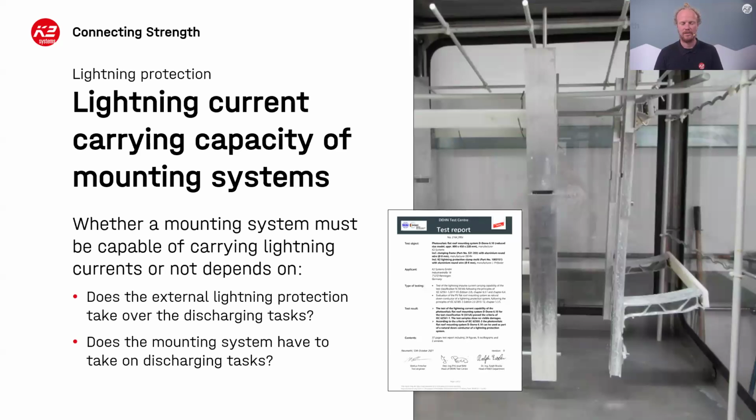So this is not to say that you can just use any product anywhere. You can do tests on your product. So if you're using our products, for example, the continuous rails, so these long rails that we talked about before on the classic system, these have been tested and these can take a discharge for one of the lightning classes.